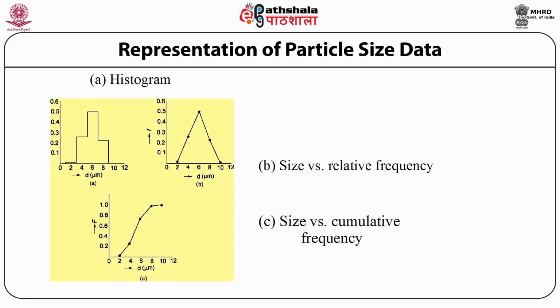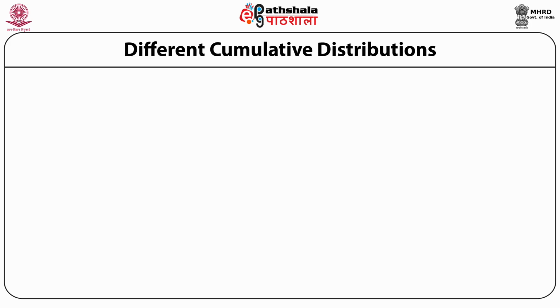As discussed in the previous slide, in table 2.1 the data has been tabulated and the same data has been plotted in figure 2.2. The data in the table is drawn as a histogram in figure A, a relative frequency plot in figure B, and a cumulative frequency plot in figure C. Before doing the calculation for particle size, we will discuss various cumulative distributions.